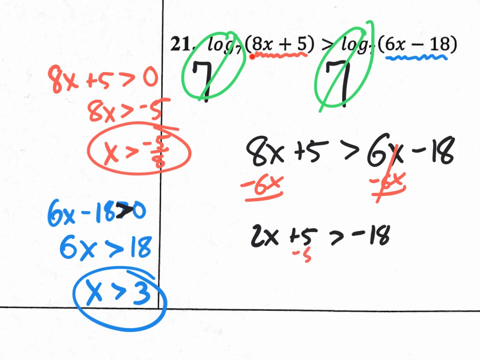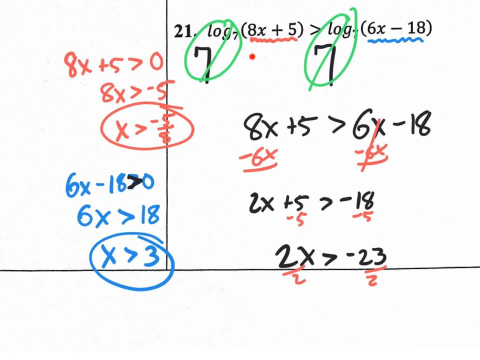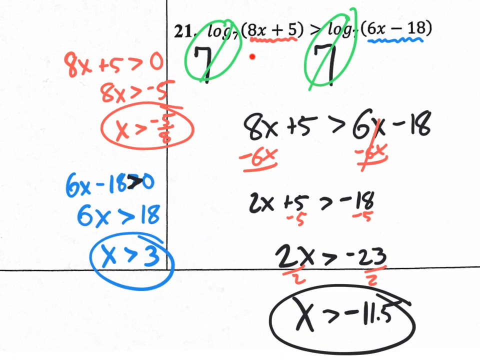So if we subtract 5 on both sides, we'll end up with 2x is greater than negative 23, which means that if we divide both sides by 2, the inequality will stay the same. It'll be x is greater than, for the sake of the number line, I'm going to write it as negative 11.5. Okay? X is greater than negative 11.5.